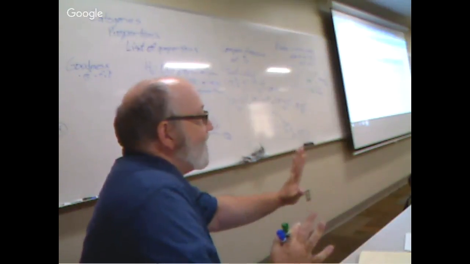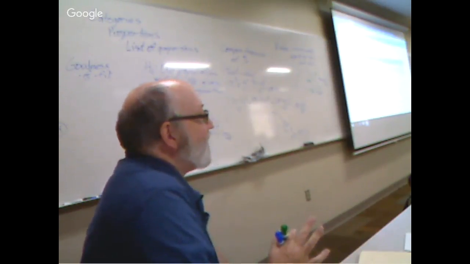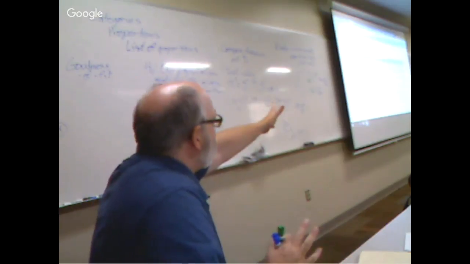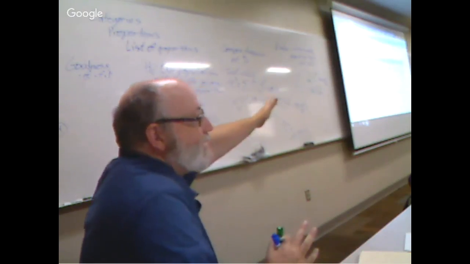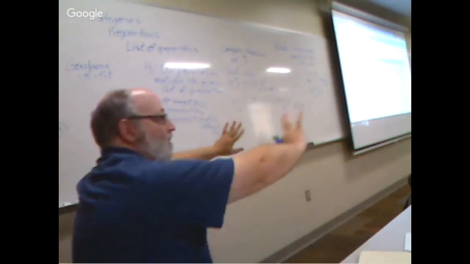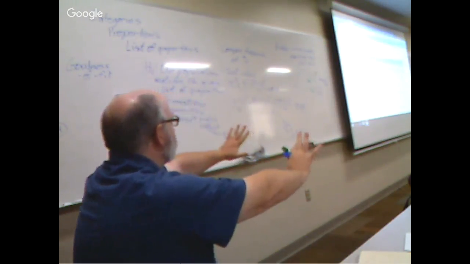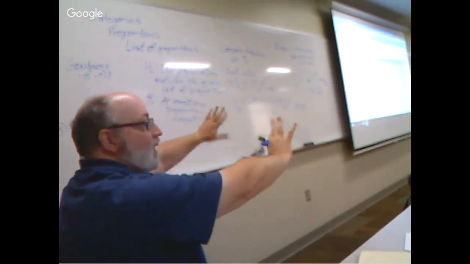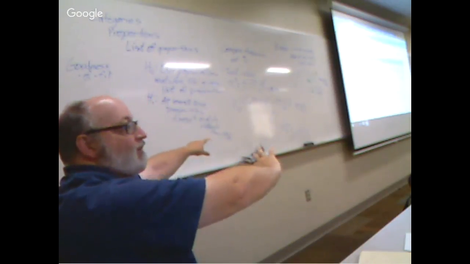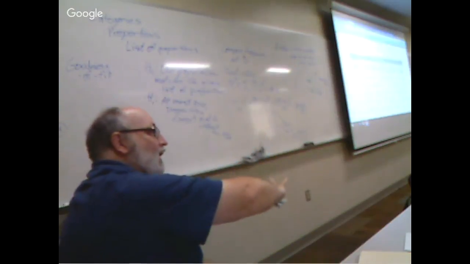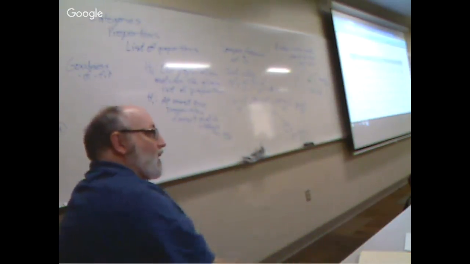I don't really need to know what the number is. All I have to know is that my p-value is smaller because I'm out farther. And if my p-value is smaller than 0.05, I reject the null hypothesis. Small p-value, reject the null hypothesis.